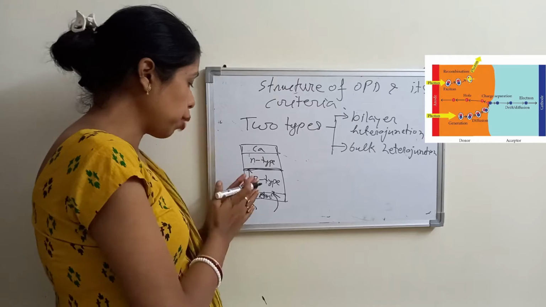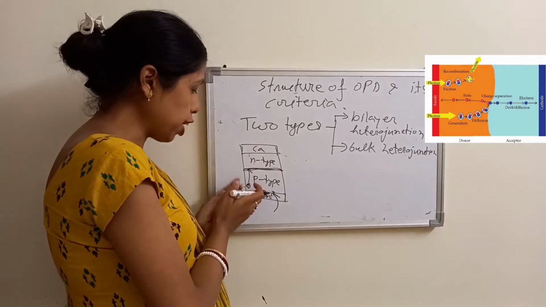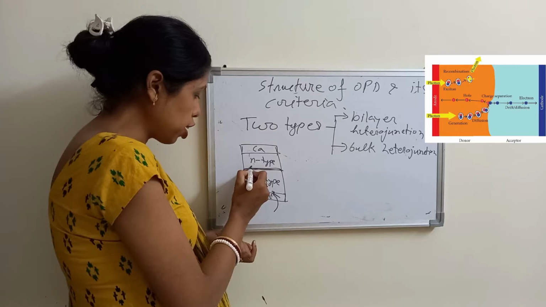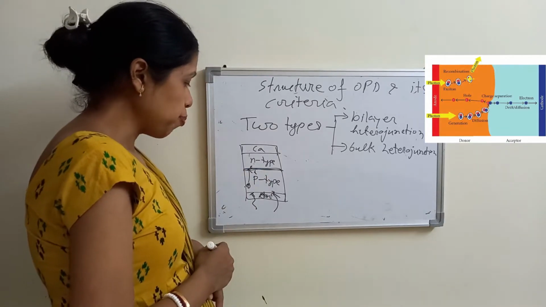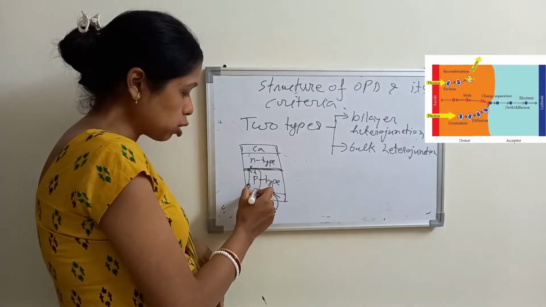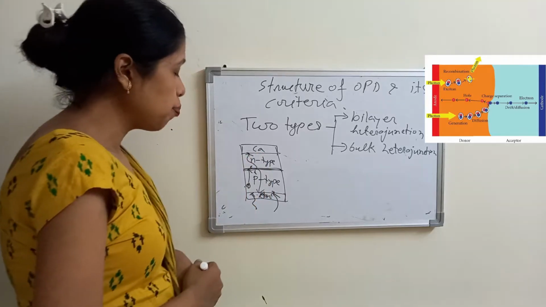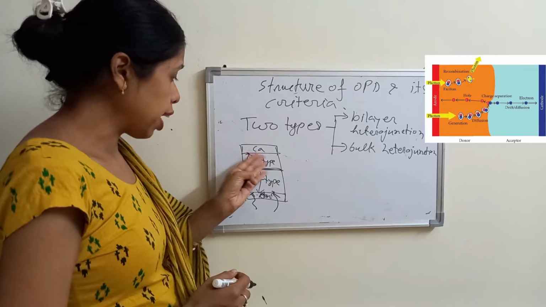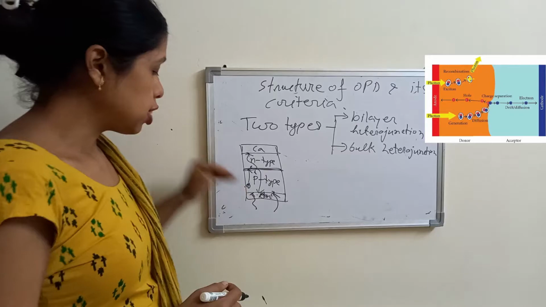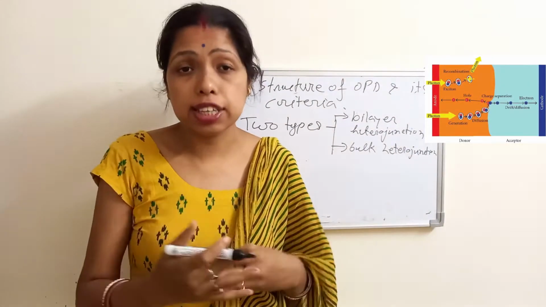But after dissociation of the excitons, suppose all the excitons reach the interface, here we will get electrons and here we will get holes. If only a single interface is there, holes can easily transport towards the anode and electrons can easily transport towards the cathode. If any extra layers are there in the p-type and n-type semiconductors, holes and electrons cannot easily transport towards the electrodes, because there are barriers they have to overcome.